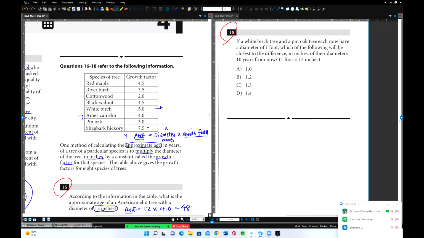And pin oak tree. We choose these two. 5.0 and 3.0. Now we have a diameter of 1 foot. They both have a diameter of 1 foot. To change 1 foot to inches, it is 12 inches. This is also 12 inches.